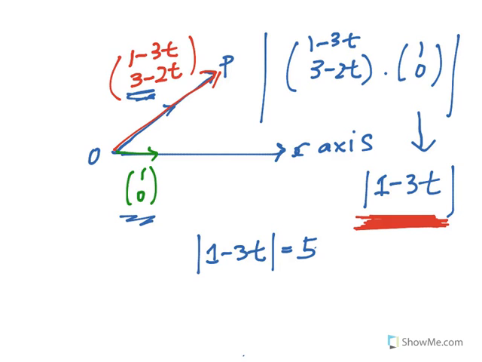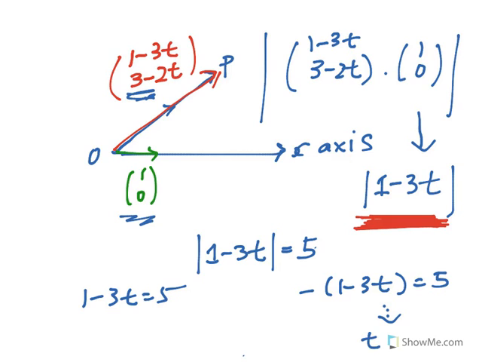You can solve it quickly. It means 1 minus 3t equals 5, or negative of 1 minus 3t equals 5. Solving this by yourself, you should get 3t equals 2, and t equals negative 4 over 3. Okay, so that's the end of PQ question 1.